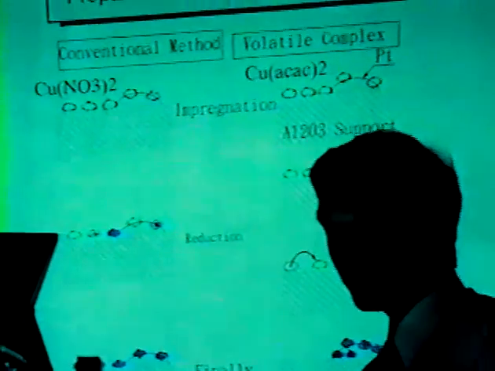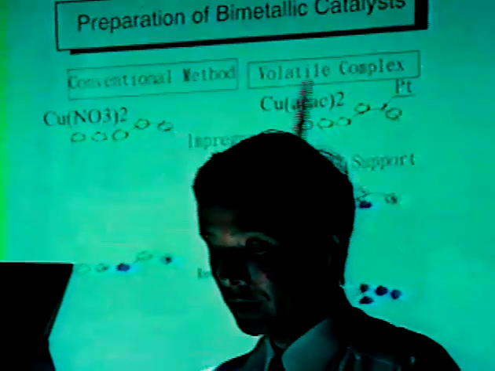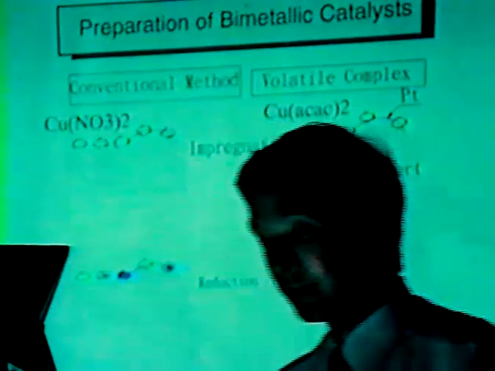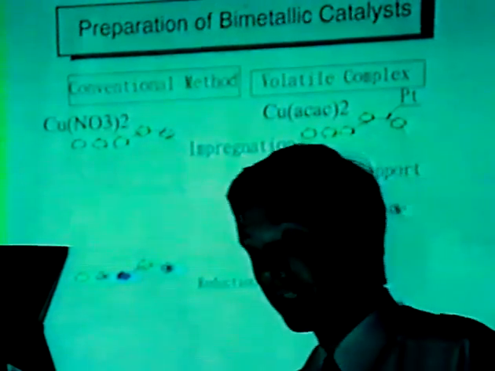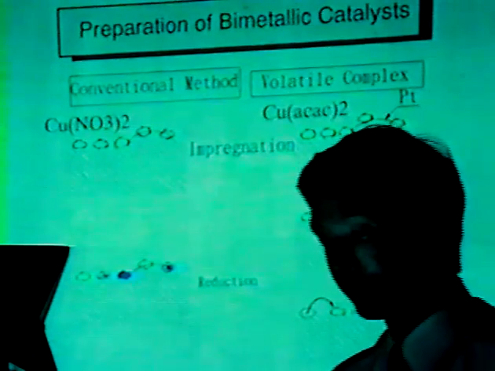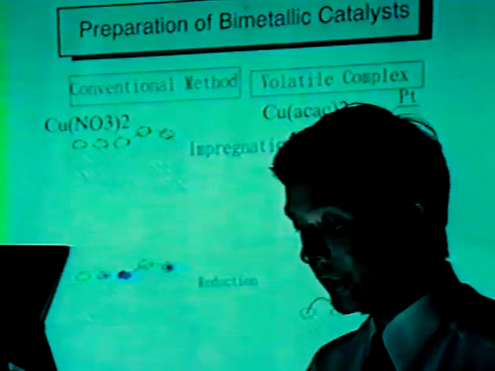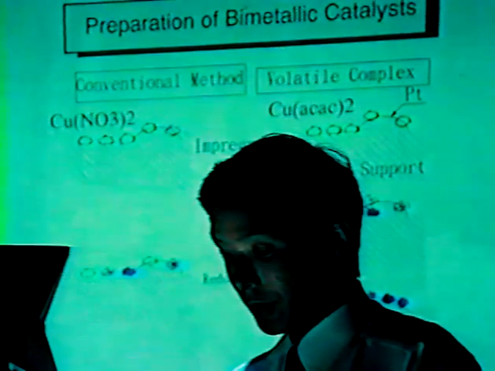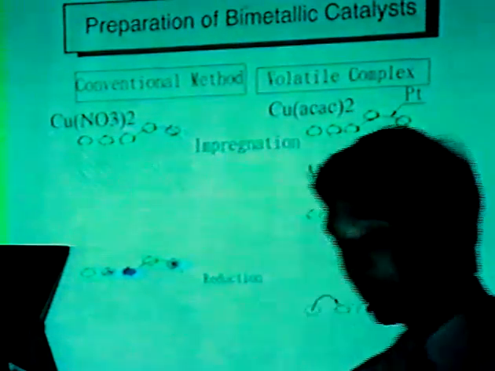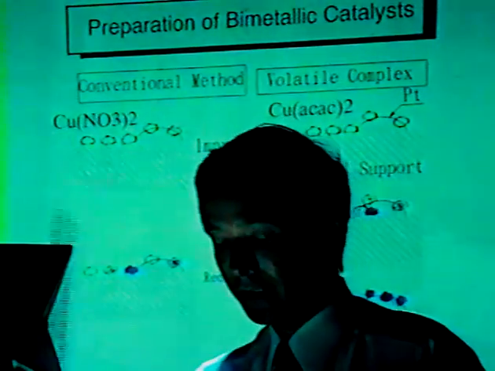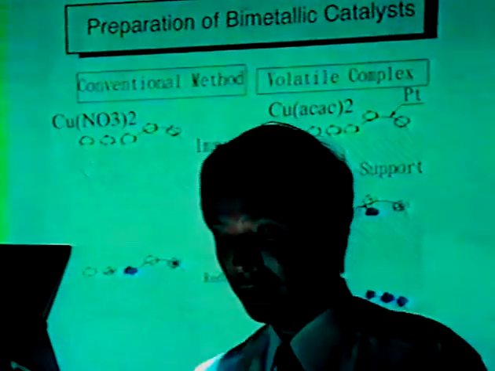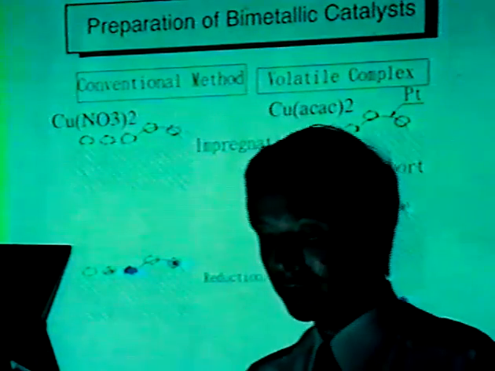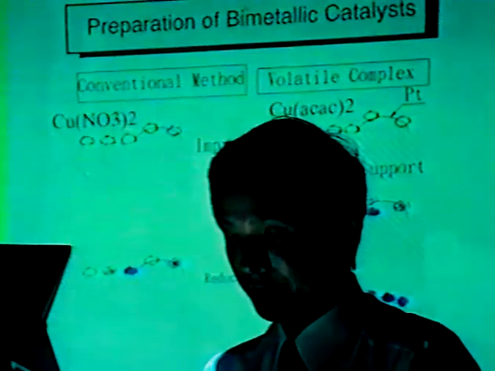In the preparation of bimetallic catalyst, we have proposed a new method to use volatile complexes as a starting material of the second metallic component. This figure shows an example of the preparation steps of copper-promoted platinum alumina catalyst. The left side shows the conventional method to use inorganic salts such as copper nitrate.